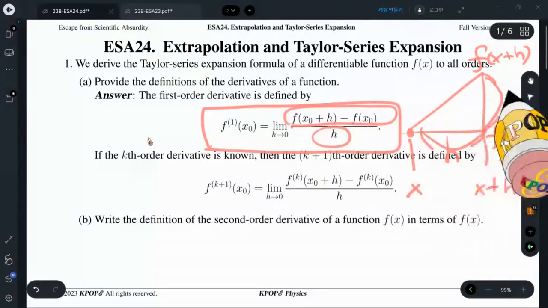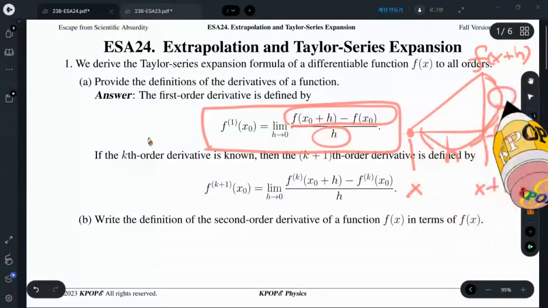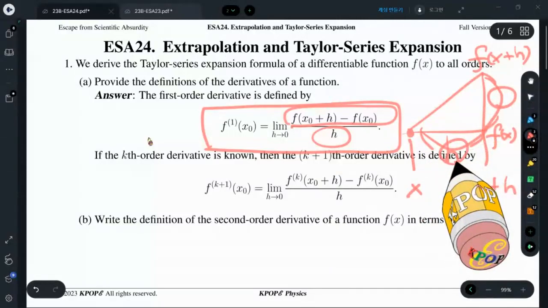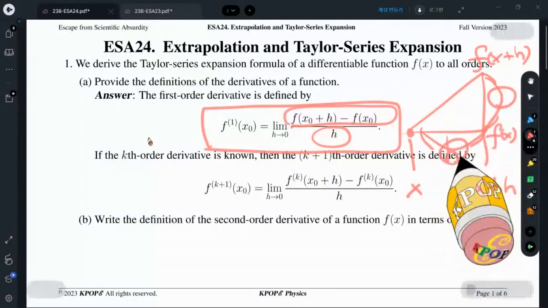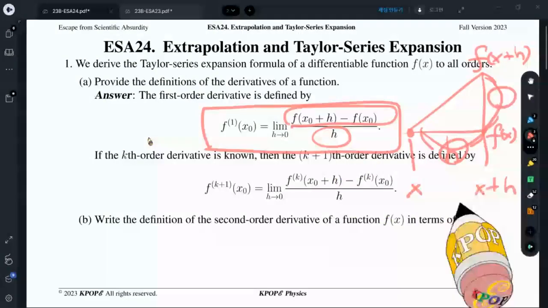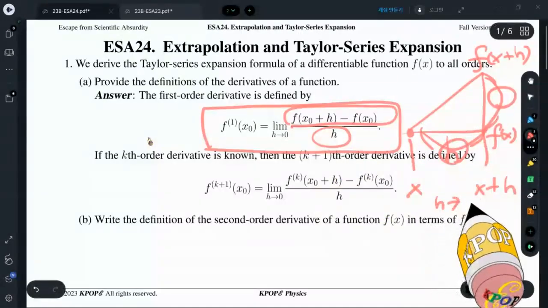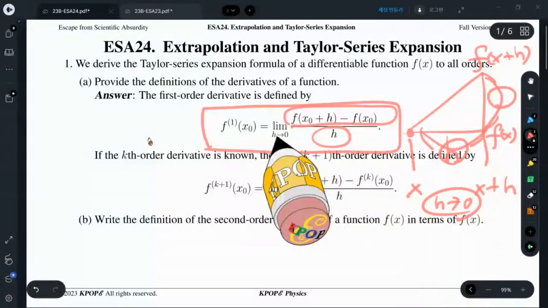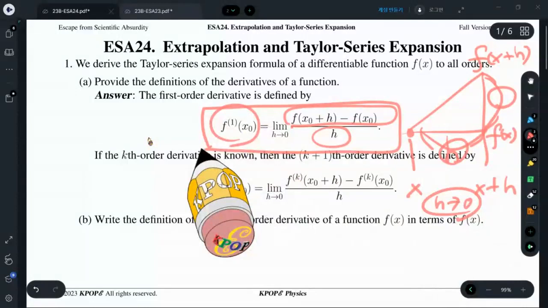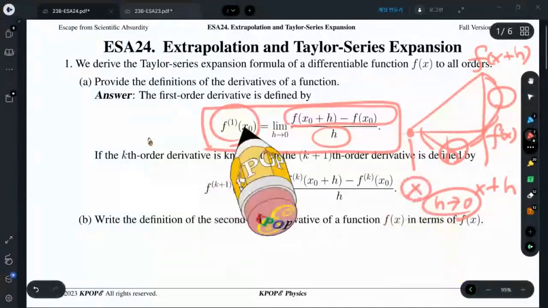So the ratio of y change over x change when h is taken to 0 is called the derivative at some point.